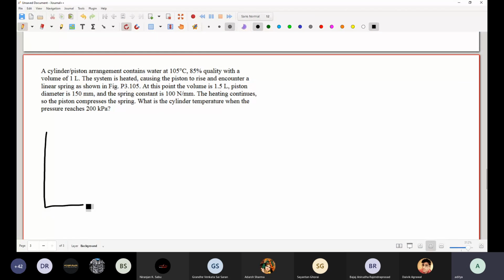You have a cylinder like this. You have a piston like this. The chamber then has a spring like this. And this contains water.